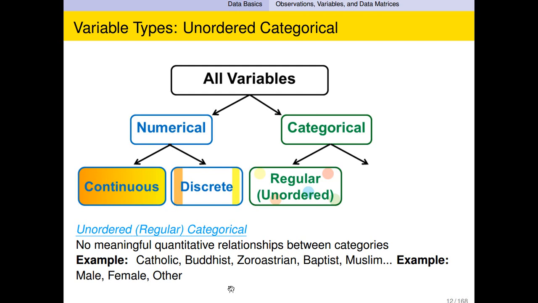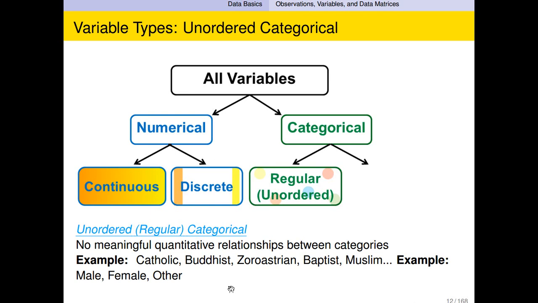So take the example of religion. If you have people as your cases, and one person's religion is listed as Catholic, another one as Buddhist, from a numerical standpoint, all you can tell from seeing that the words Catholic and Buddhist are different is that the people had different religions. Now, if you knew lots more about them, okay, but we're assuming all you know is what's on the page.